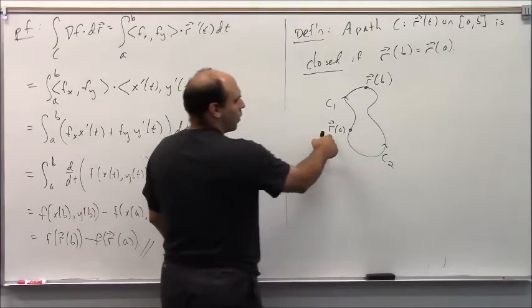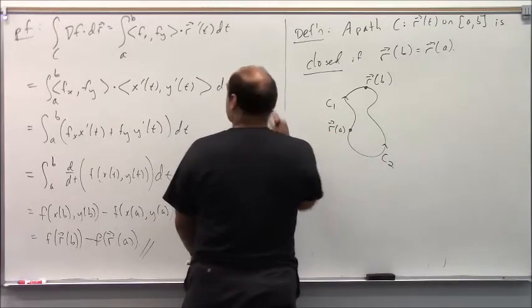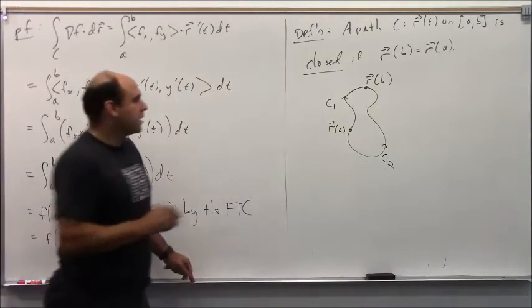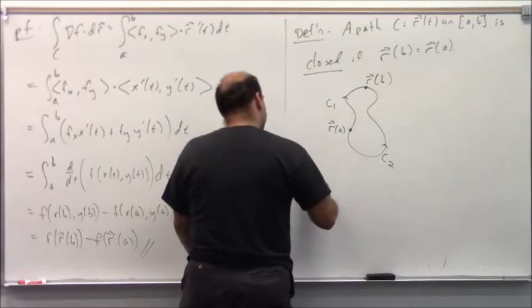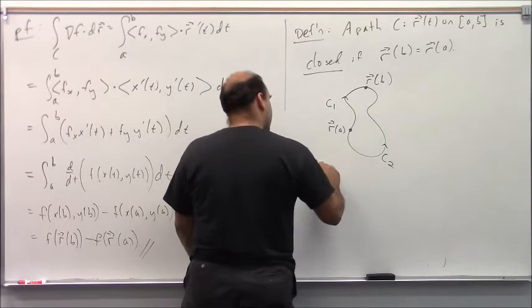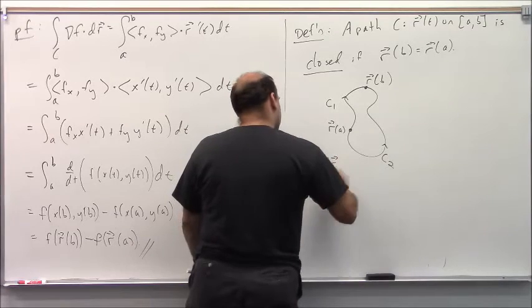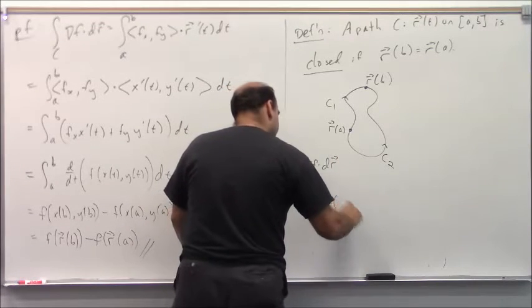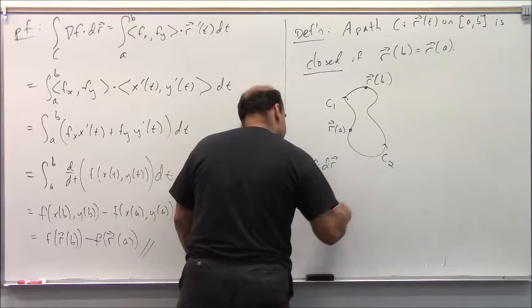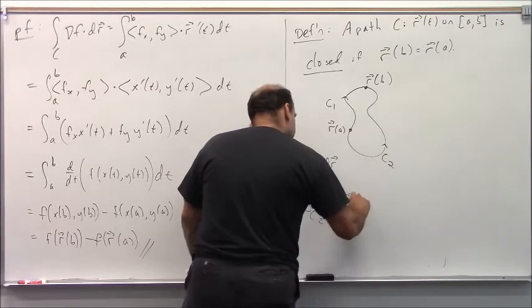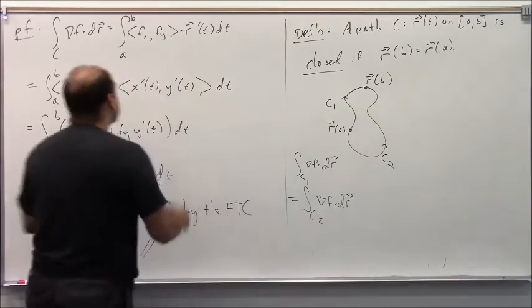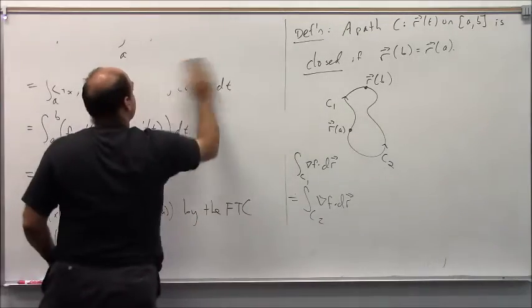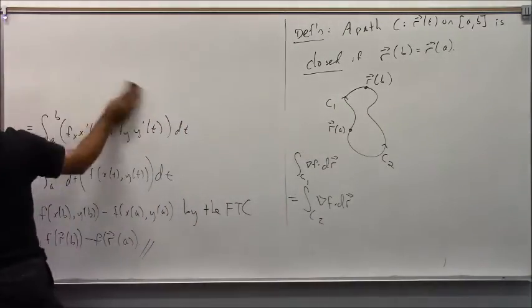So what I know from the fundamental theorem for line integrals is that the path integral over C1 of gradient f dot dr is equal to the path integral over C2 of the gradient of f dot dr. Those are going to give me the same thing, because they both have exactly the same endpoints.